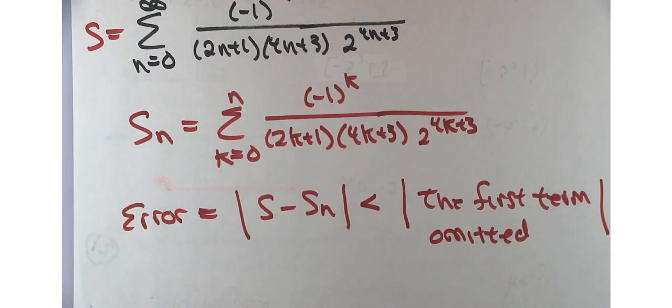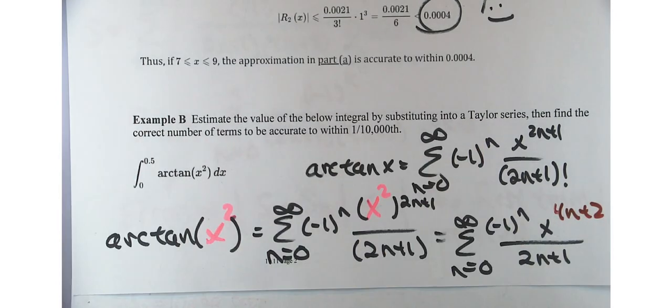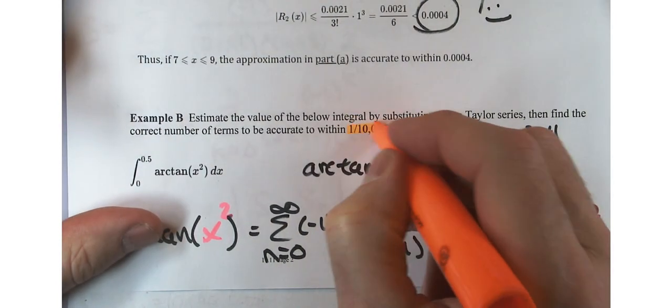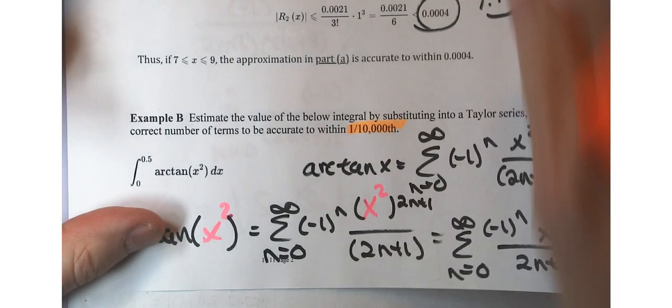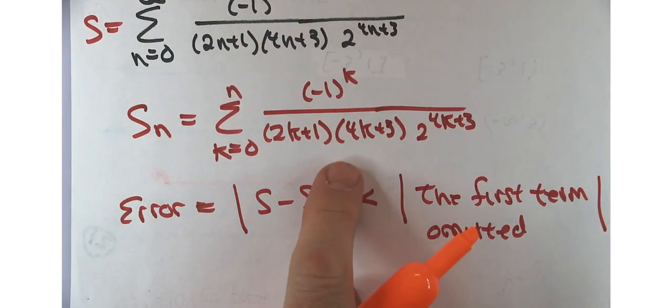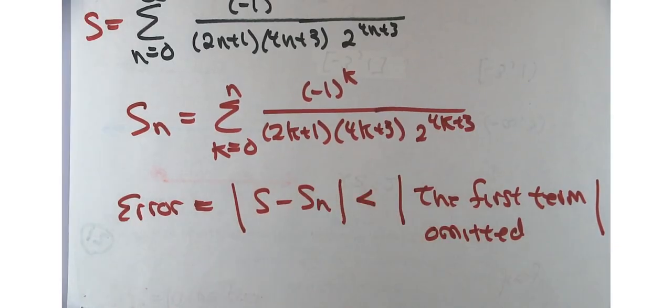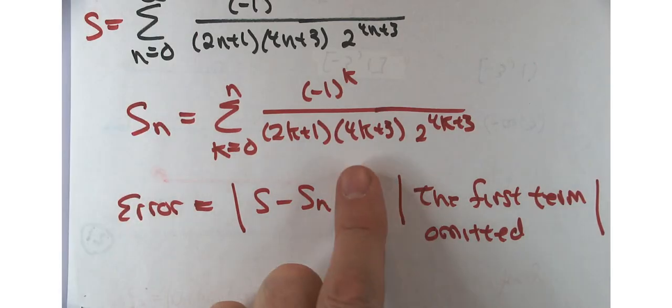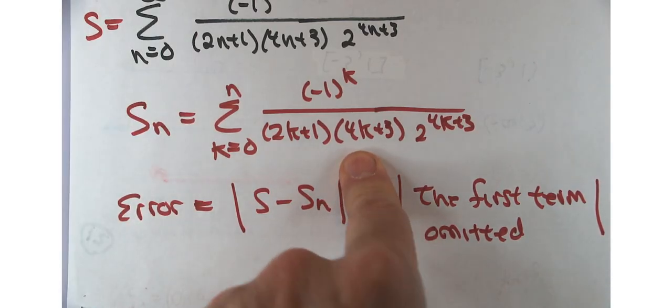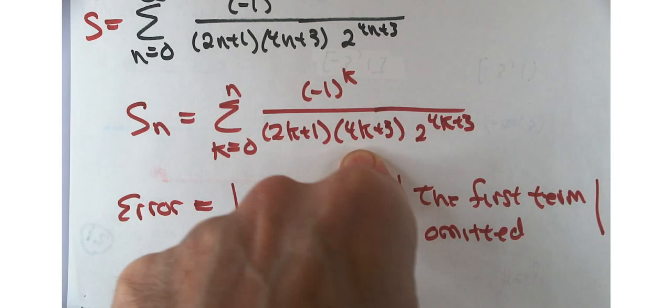Now in our case, that number is 1/10,000th. So if you wanted this to be accurate to within 1/10,000th, the trick is to find which term gives you something less than 1/10,000th. Now, we're going to make this easier than it looks. All we're going to do is just keep on trying things until it works.